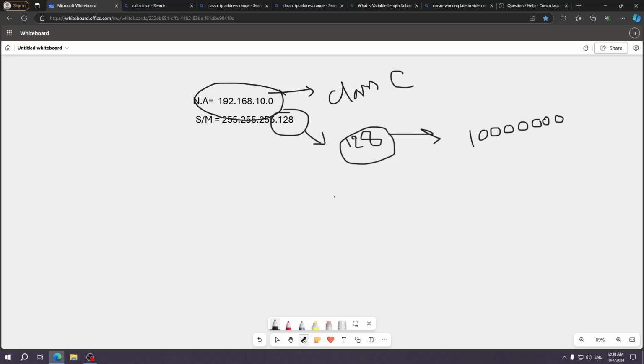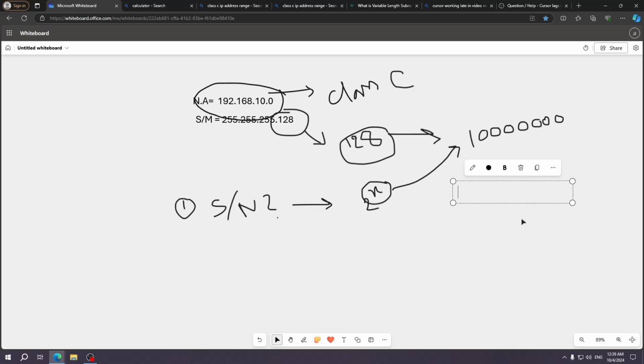Here we need to answer four questions. The first question is how many subnets? If we want to find the answer to this, we have a simple formula: 2 to the power x. What is x? x is the number of masked bits.